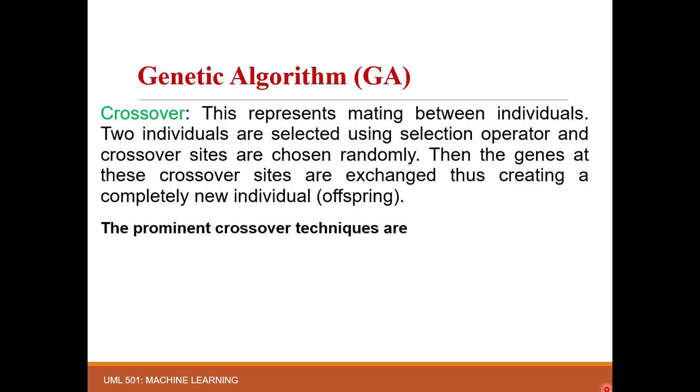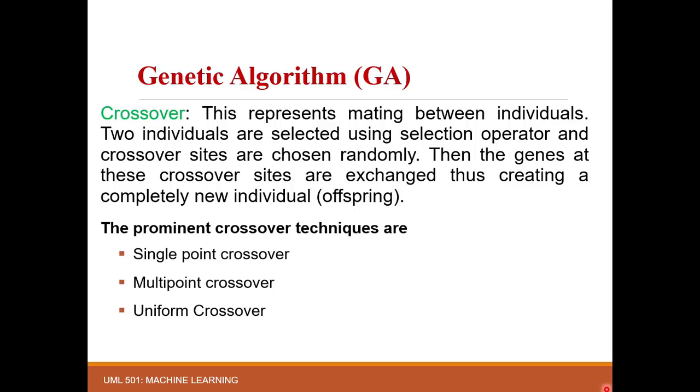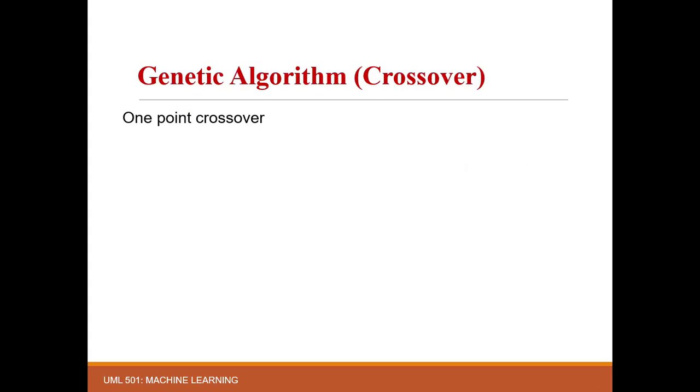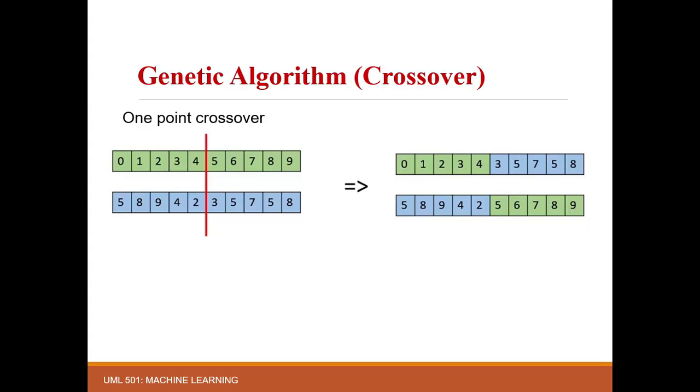Now there are some prominent crossover techniques. First one is single-point crossover, then multi-point crossover, and uniform crossover. Now, one point crossover. The name simply depicts that there will be only one crossover site to produce the new offsprings.